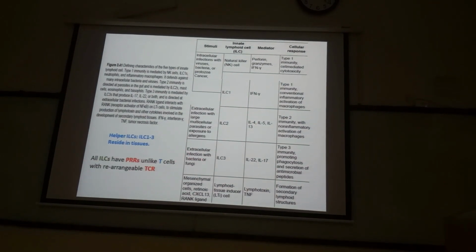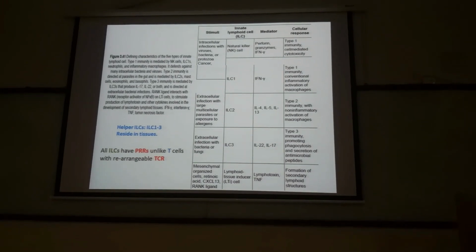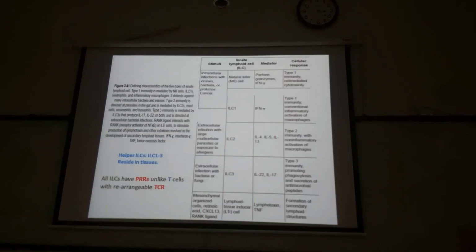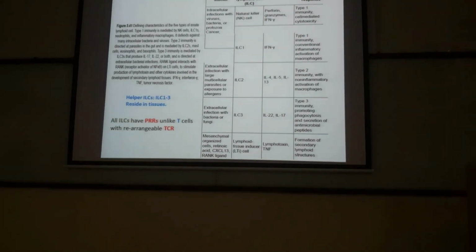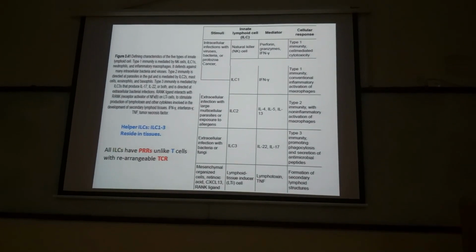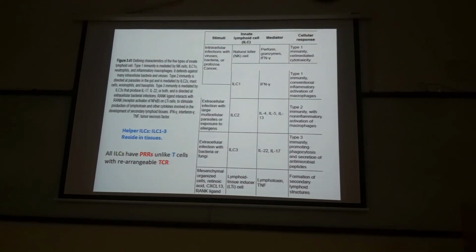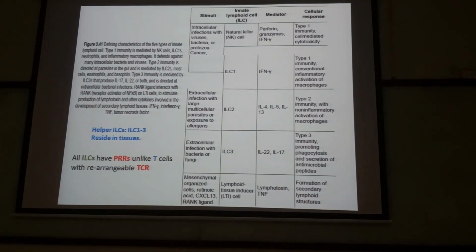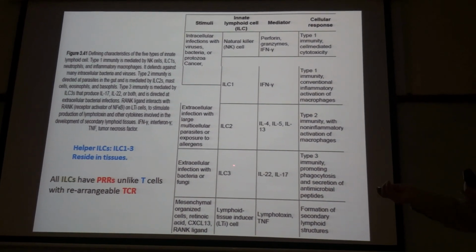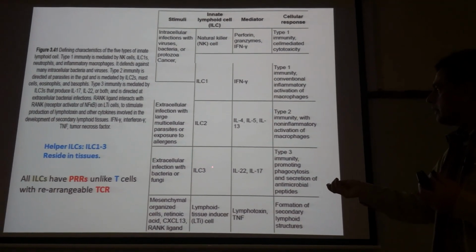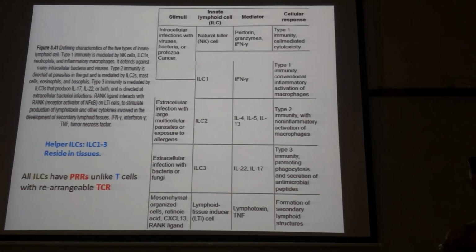Then there are extracellular bacterial or fungal infections. If it is an extracellular pathogen, but it's not a parasite, but a bacteria or fungi. In most of the cases, these are extracellular. The lymphoid cell involved in this process is ILC3, and this is going to secrete interleukin 12 and 17. And this would confer type 3 immunity.